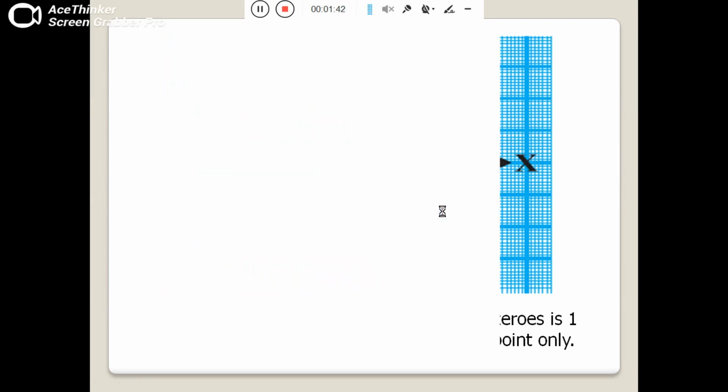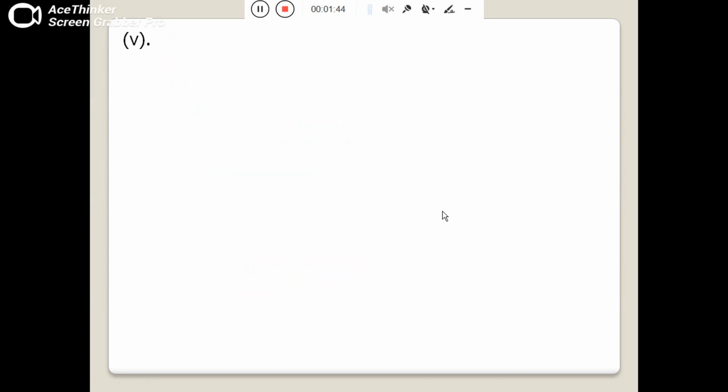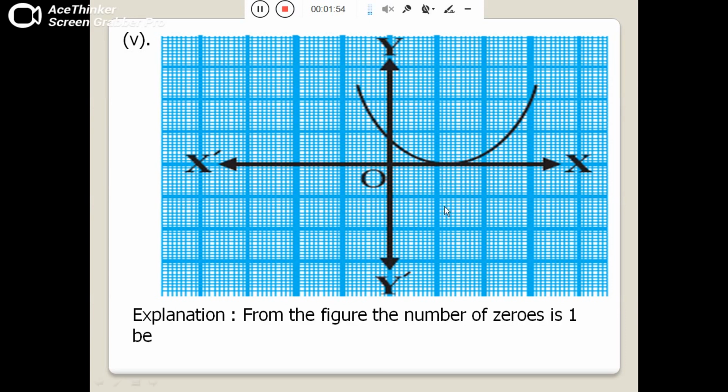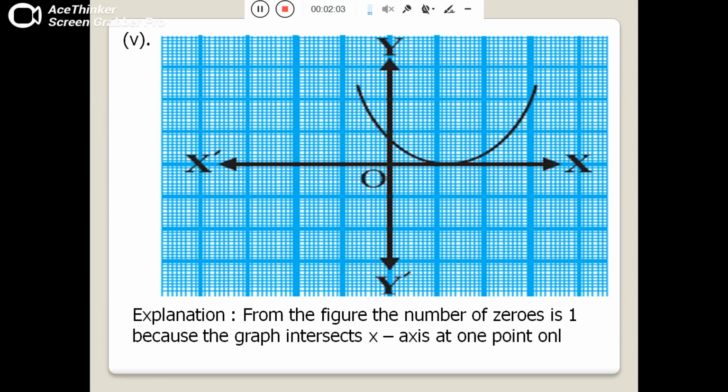Okay, see the other example. Example number 5. Now this graph is also intersecting the x-axis at only 1 point. Therefore, from the given figure, the number of zeros is 1 because the graph intersects the x-axis at 1 point. So students, be careful if you get this type of graph.